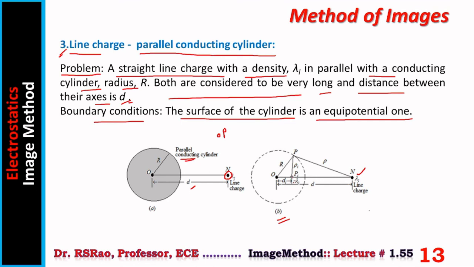Here it is indicated by minus lambda L. Magnitude wise it is the same as the original line charge, but polarity wise it is opposite. It is placed at a distance of di from the center of the conducting cylinder over a line connecting the original source line charge with the center. Now the distance di is not arbitrary.